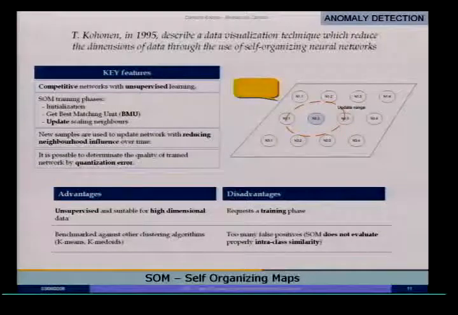Then, during the training, a training set can be used to train the network and to make the network able to do the classification. And an important feature of the self-organizing map is that the classification it provides helps in avoiding mimicry attacks.